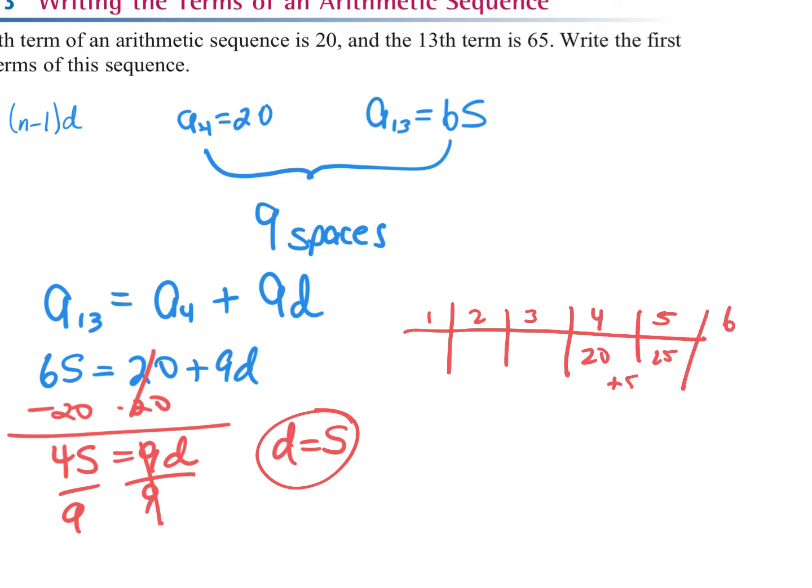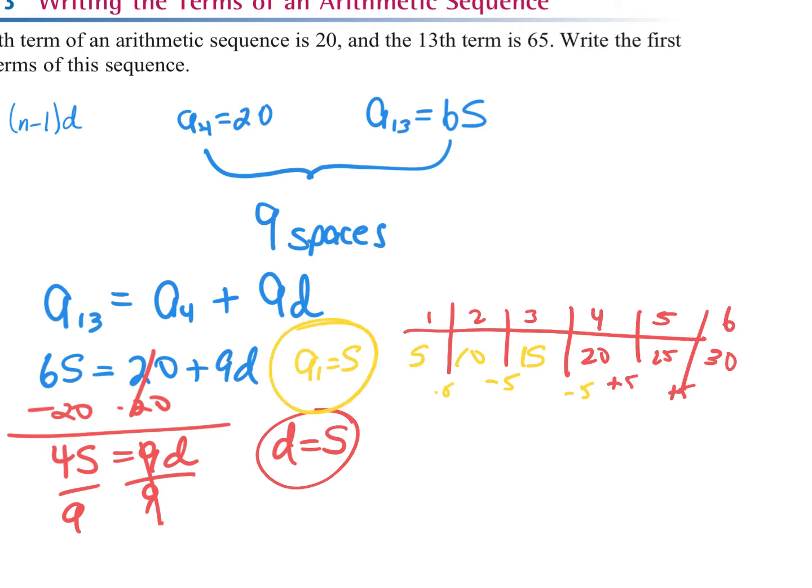And then to the 6th term, I'd add 5, and it would give me what? 30. How would I go from the 4th term to the 3rd term? I'd subtract 5, and it would give me what? 15. But then how would I get to 2? Subtract 5 again, and I get 10. And then how would I get to 1?